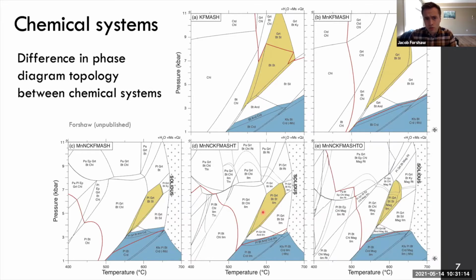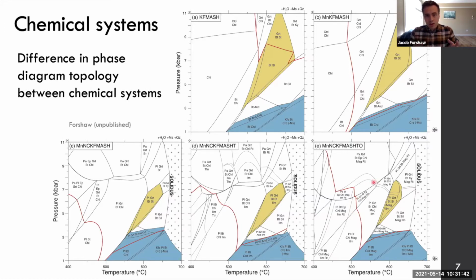And then finally, you could add oxygen to the system and have ferric iron present. This is the diagram I showed yesterday, the full system diagram. And you'll see here that there are some changes compared to what we observed in the left-hand diagram, diagram D. But one of the big changes is that magnetite is now stable across the entire field. And I'll talk a little bit more about this ferric iron later on and whether that's an appropriate assumption to add the complexity.